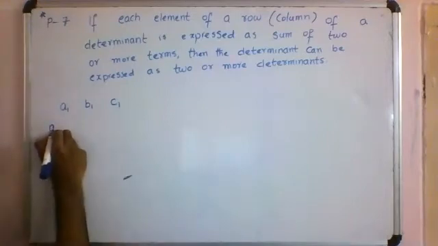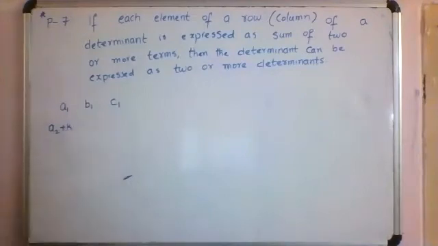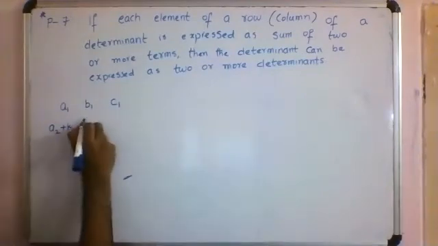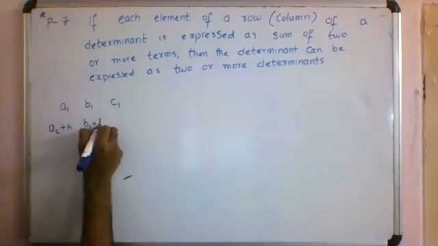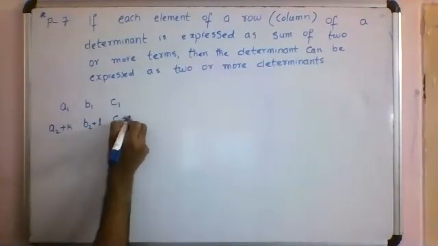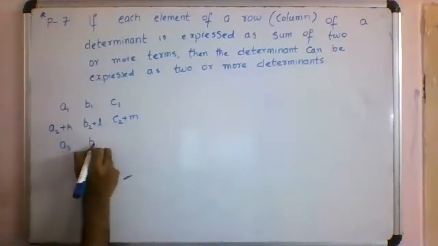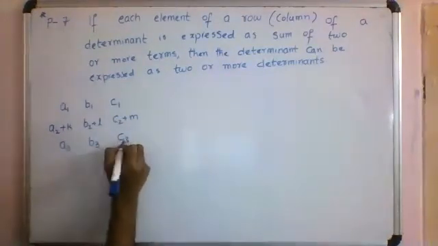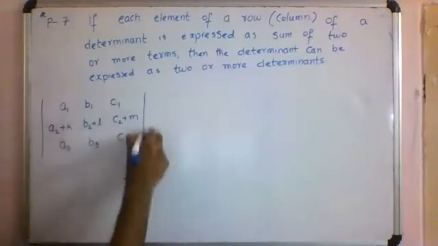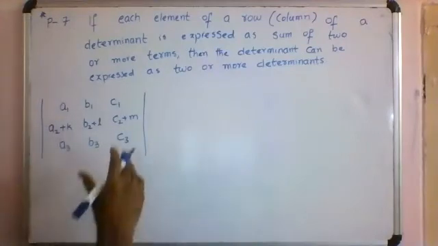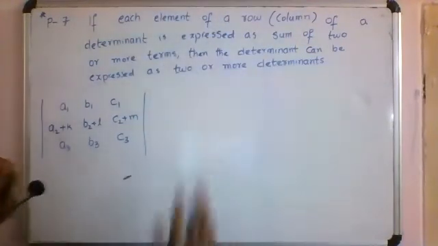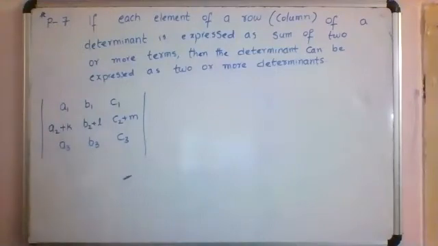In second row, instead of A2, B2, C2, I take A2 plus K, B2 plus some L, C2 plus M, and here A3, B3, C3. This is what this statement means.